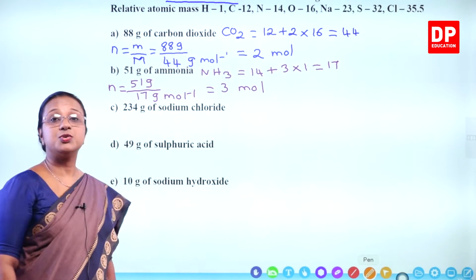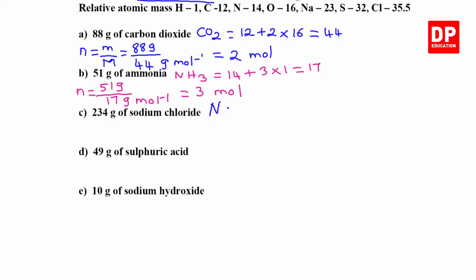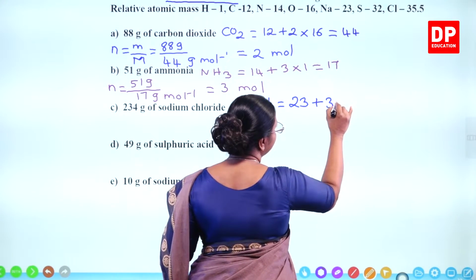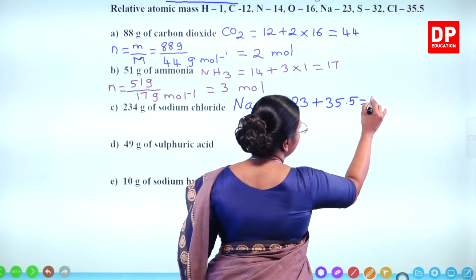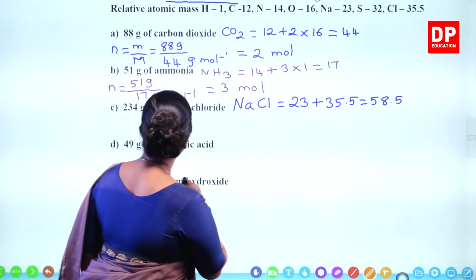234 grams of sodium chloride. What is the chemical formula here? NaCl. Sodium you can see is 23, Cl is 35.5. So the value will be 58.5. Then what do we do here?